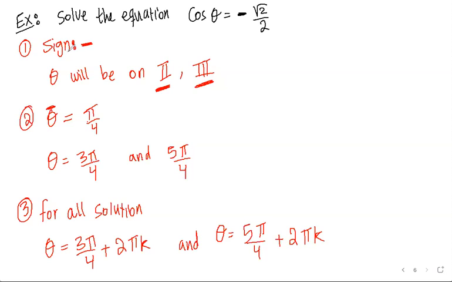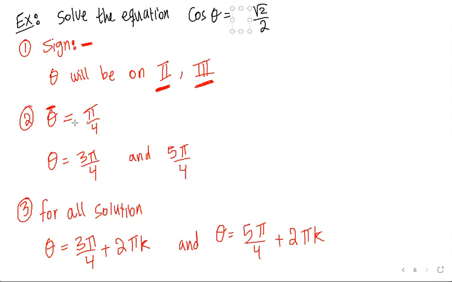Look, Angel, this pi over 4 is the reference. The reference is different from the angle. The reference is the value you find if you plug it here. First step, you hide the negative, like this, and you find the reference.